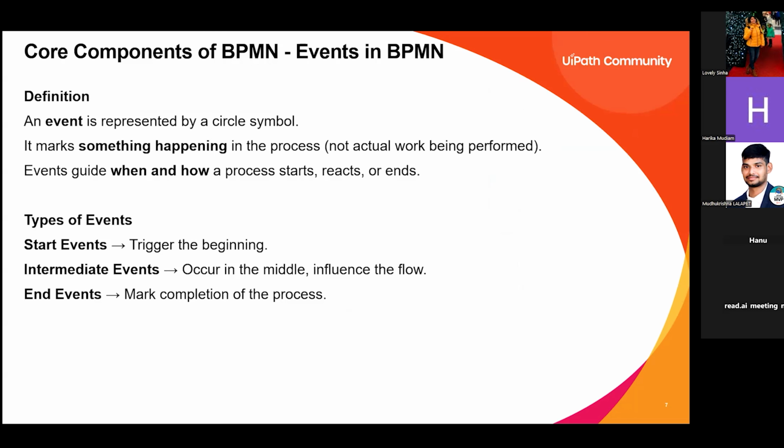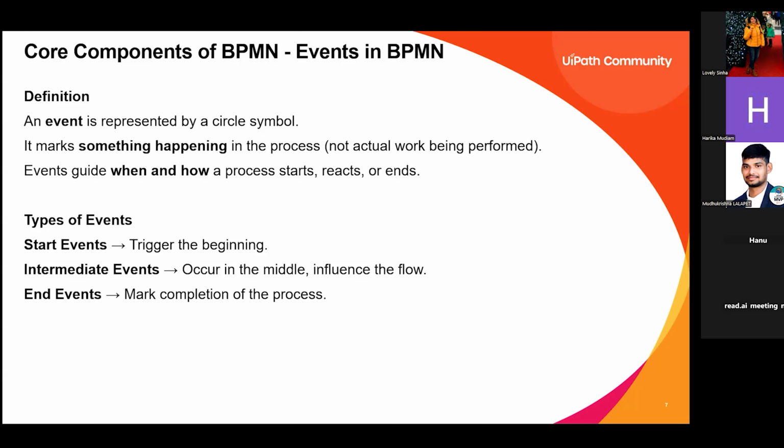Okay. Next, events. An event is represented as a circle symbol. Unlike activities, which represent work being done, events mark things that happen to a process. In diagrams, you'll always recognize them because they are drawn as circles.